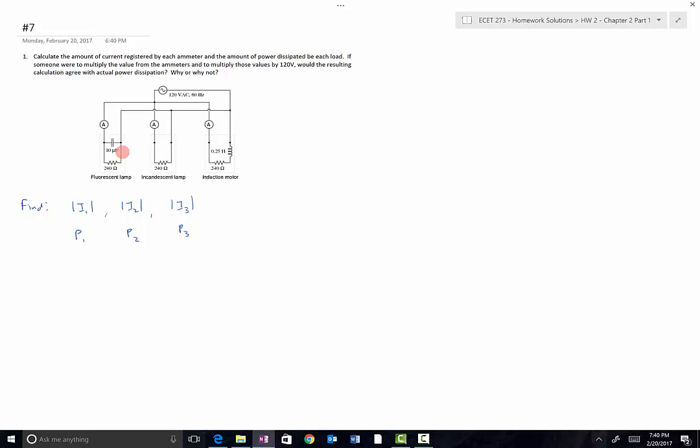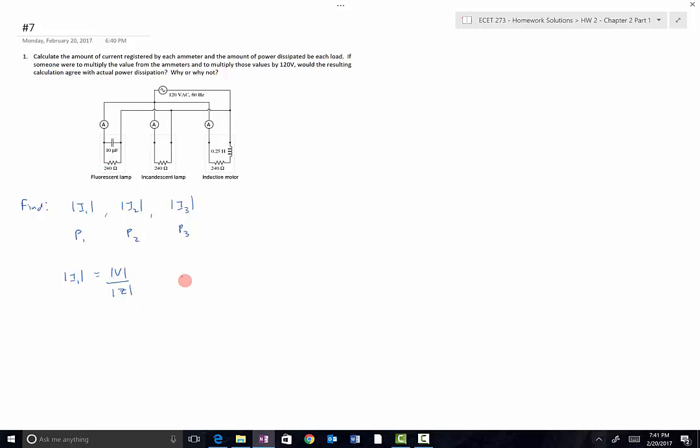So we can determine the magnitude of current 1 here just by taking the magnitude of the voltage that's applied to the circuit and dividing it by the magnitude of the impedance. We saw that in the last problem. So we know that that's 120, but we don't know what total circuit impedance is yet.